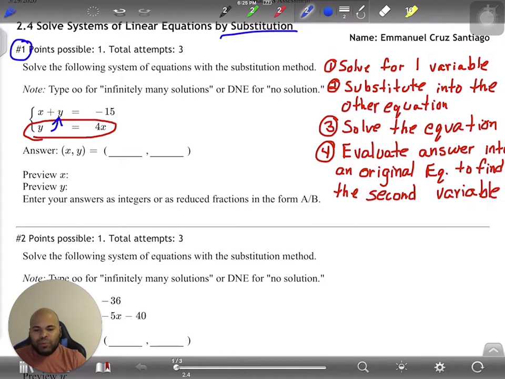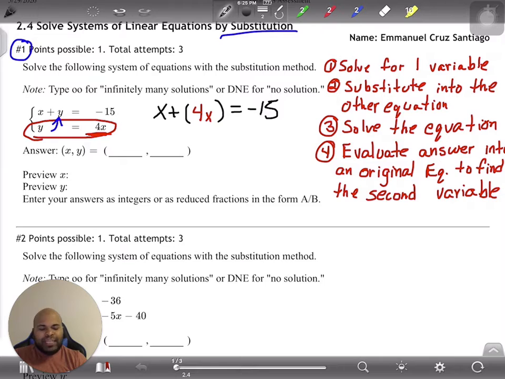I'm going to take whatever y is and I'm going to plug it in there. Well, what's y? Y is 4x. So I'm going to write down x plus, but instead of writing that y, I'm going to open a parentheses. I'm going to write down what y equals. That's the substitution part. Y equals 4x. So I'm going to write down 4x, close my parentheses, equals negative 15.